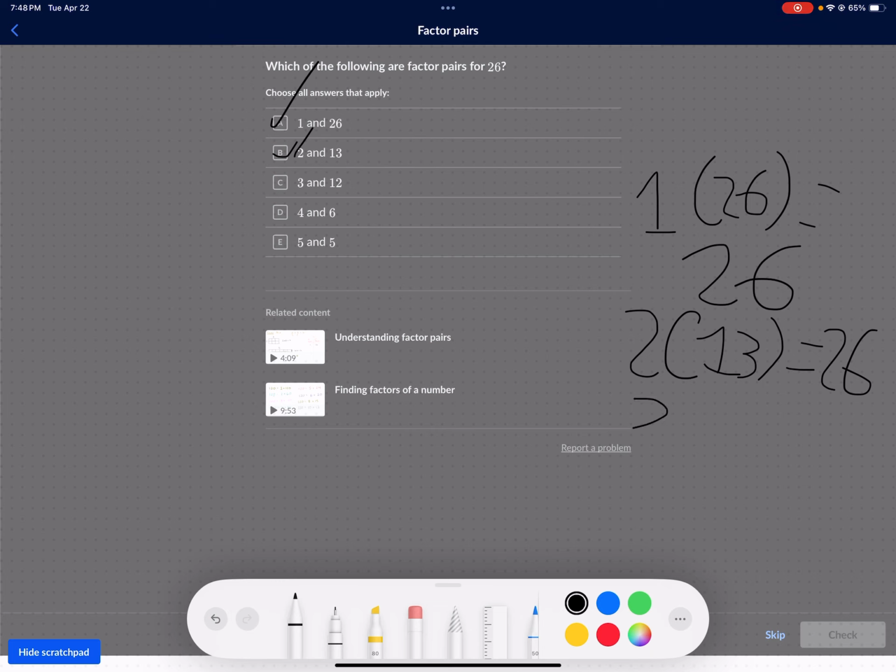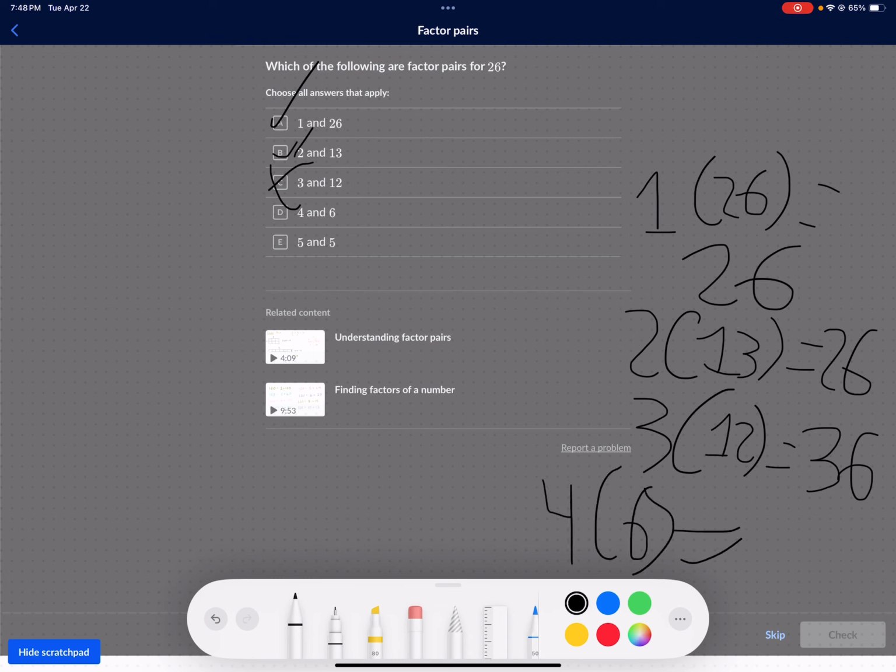Choice C, 3 and 12. Will this be one of ours? It equals 36, but that's not 26. C is out. Choice D, 4 and 6. Will this be one of ours?